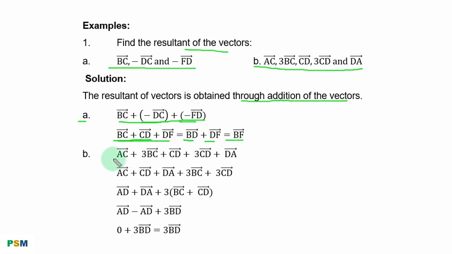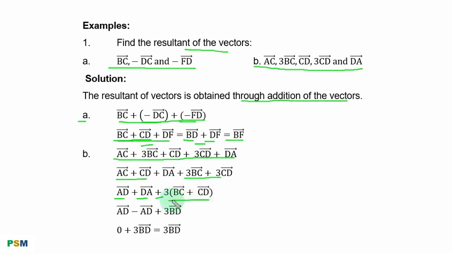B part, you add the given vectors together. Let's bring this and this together. They have 3 in common. Let's check. The first two vectors have point C in common. So when you add, you have vector AD plus vector DA, plus you come here and factor out 3, you have this result.